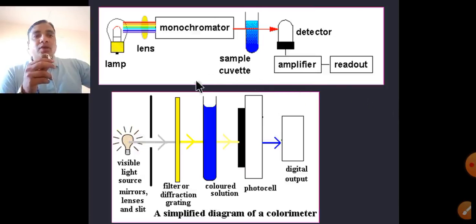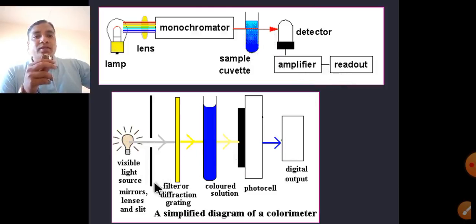Actual simple block diagram: lamp, lens, monochromatic light, then filter, the light passes through the cuvette with the solution, then the concentration of the solution is determined in the detector, to amplify and read out.